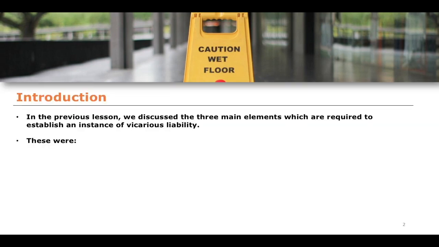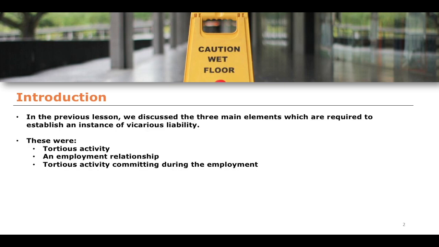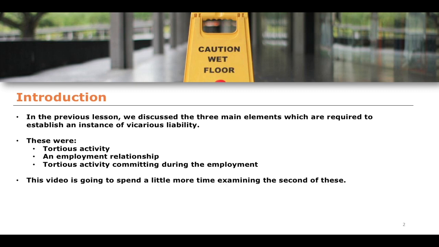Like I said, the main elements are these: the tortious activity, the employment relationship, and the tortious activity being committed during the course of the employment. This video is going to spend a little bit more time talking about the second of these elements. We only really touched on it in the previous lesson because this is the most complicated, arguably the most important to examine.